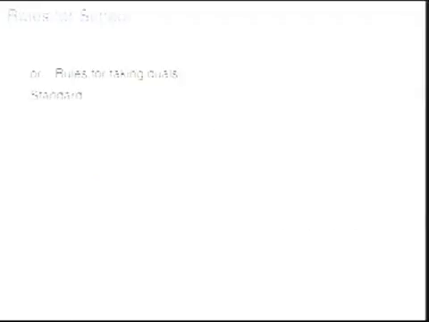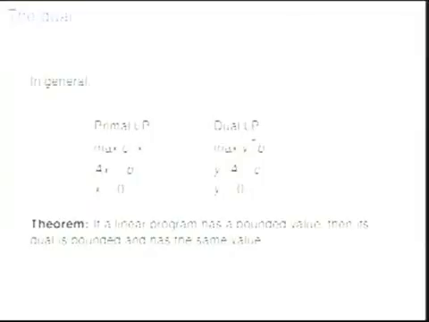Now, rules for taking duals. What's the process? Especially this needs to be a min. I'll correct it when I put it up. Thank you. Let's write this out intuitively. Matrices are fine; you could always put it in a matrix and do it.